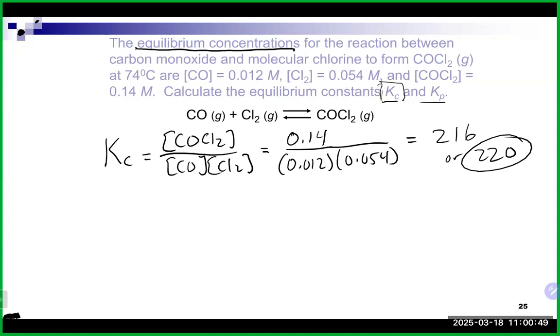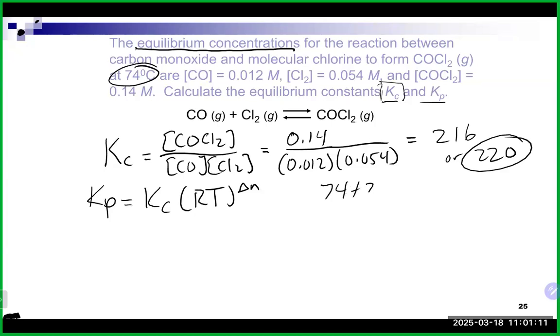Now that we have the Kc, we could use that formula that we saw that will allow us to go from the Kc to the Kp, where the Kp equals the Kc (RT)^Δn. We do need to do a few things along the way. We do have our temperature here in Celsius. It does need to be converted to Kelvin, so we'll add 273 to that, and that would get you 347 Kelvin.